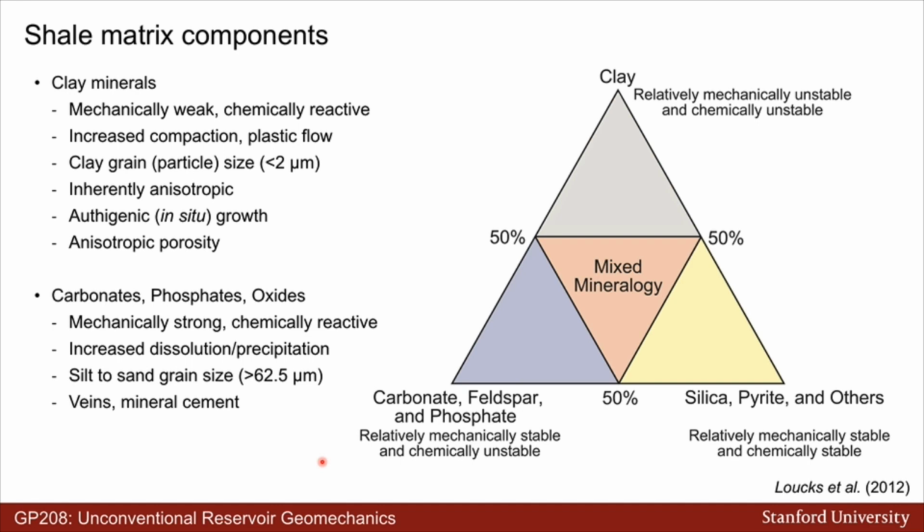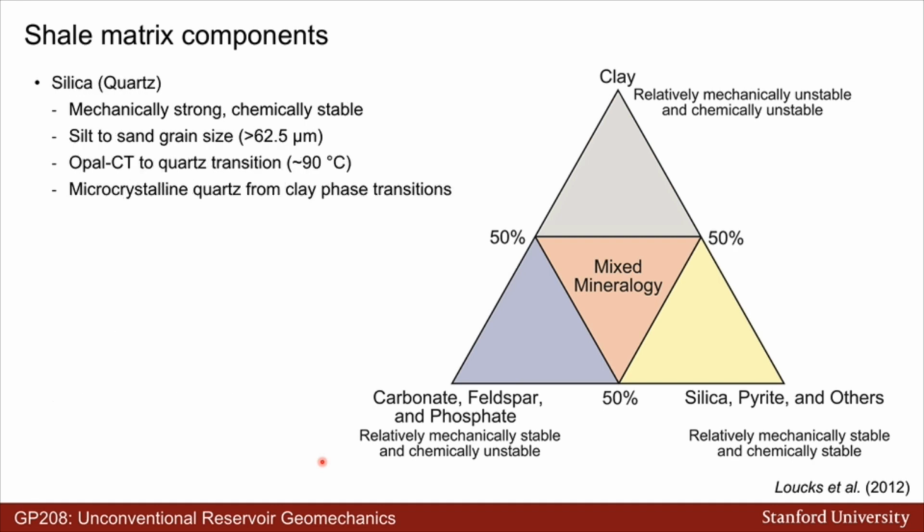Again, the grain size of these components is much larger than clays, about an order of magnitude. And we mostly find silt to sand size grains of carbonates, phosphates, and oxides. And these are sometimes distributed as fossils, sometimes distributed as veins, and sometimes distributed as mineral cement surrounding other grains in the rock.